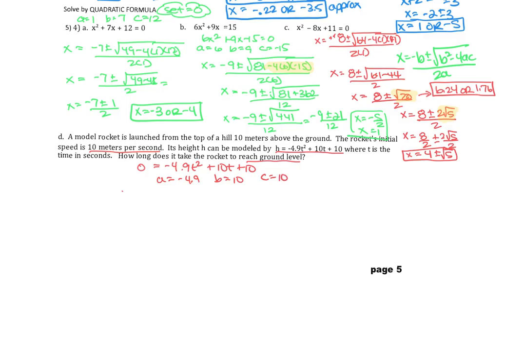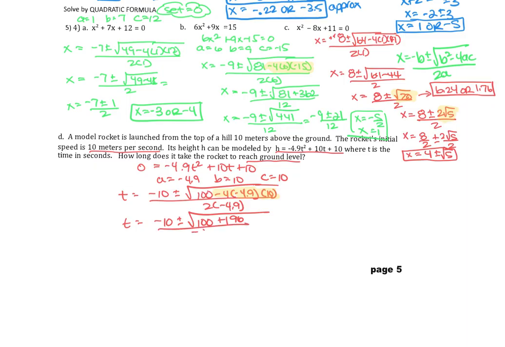So I get my t equals -B, so -10 plus or minus the square root of 100 minus 4 times -4.9 times 10, all over 2 times my A. And so I'm getting my time equals -10 plus or minus the square root of 100. And be careful here because this is another example of when you really have a negative times a positive underneath there. So you should be getting a positive 196 all over negative 9.8.